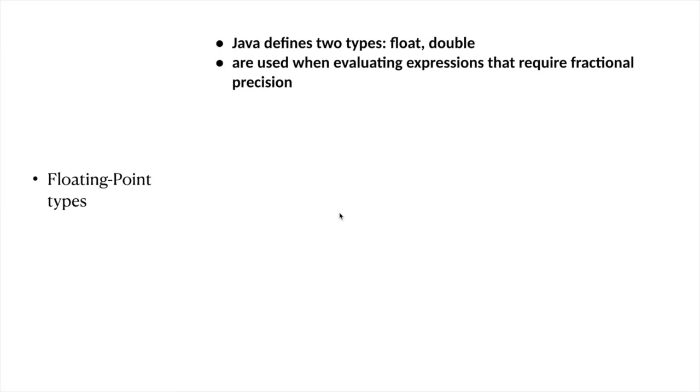The others are floating point data types in Java, and there are two types of floating point data types, the float and double.